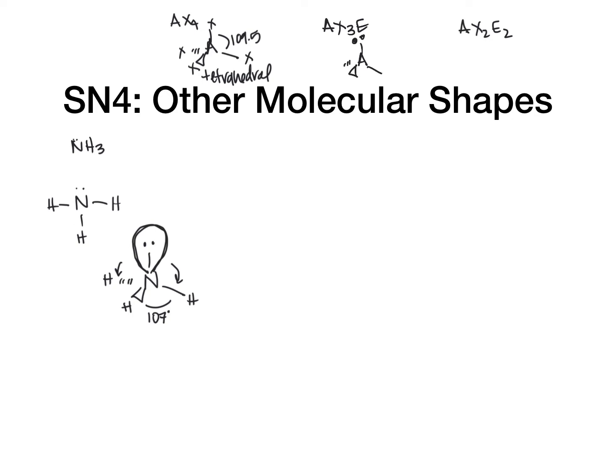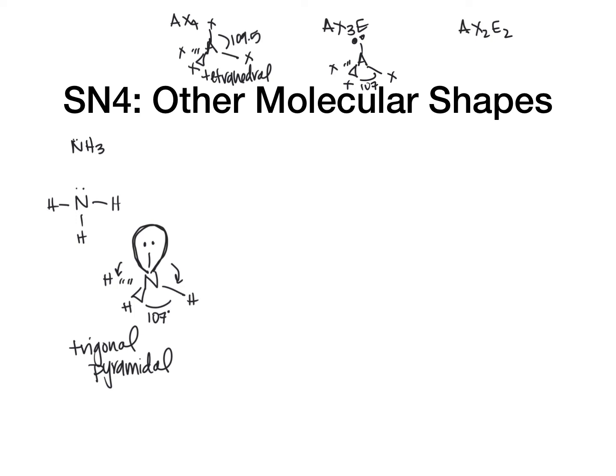So for AX3E, where this is a lone pair, what we see is a bond angle of 107. And so this shape is actually called trigonal pyramidal. When you're asked to draw something, you would determine the steric number, then determine what the molecular shape is. So the molecular shape is different than the base geometry.